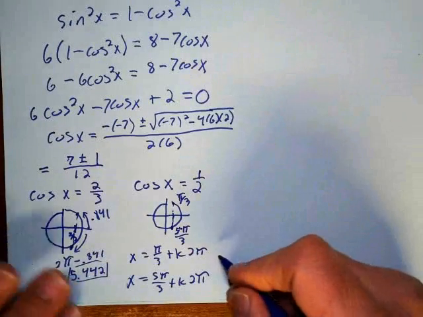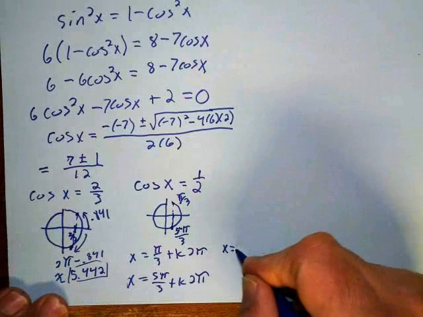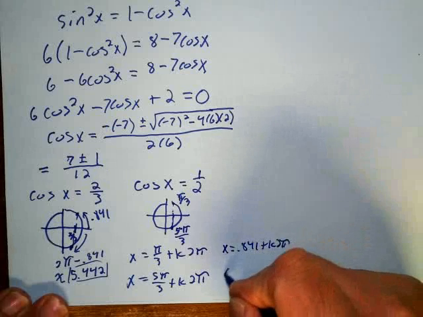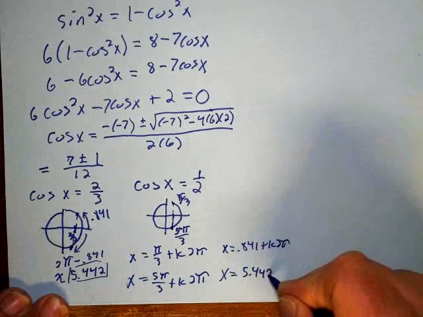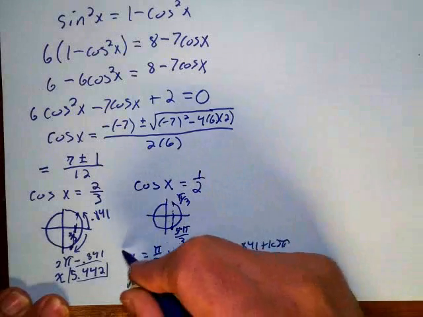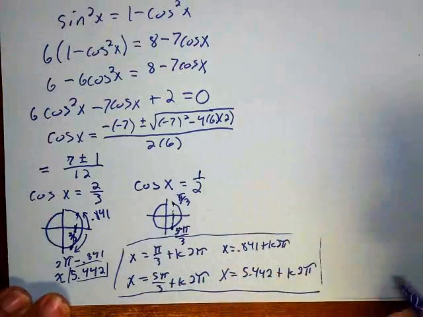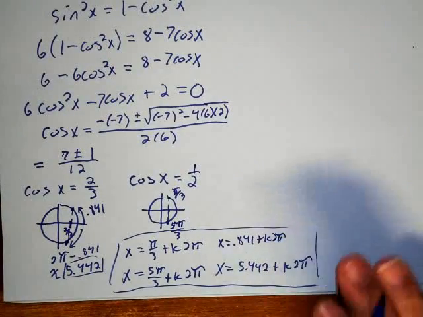So maybe I'll put them over here. So one is 0.841 plus k times 2 pi, and then one is 5.442 plus k times 2 pi. So these would be the solutions to the original equation.